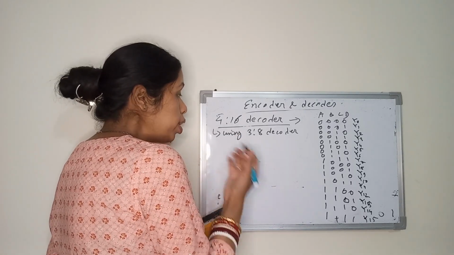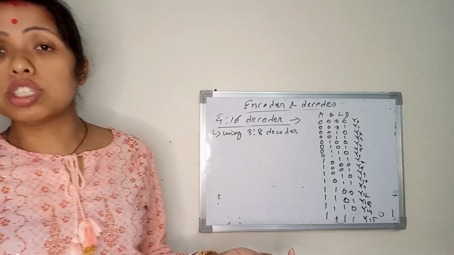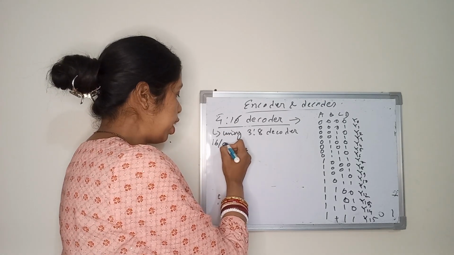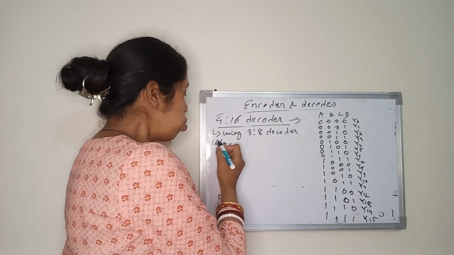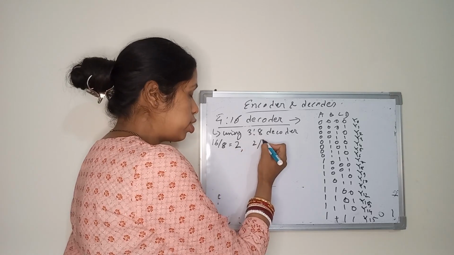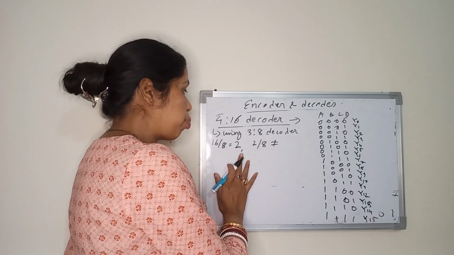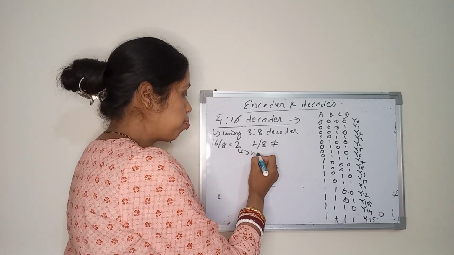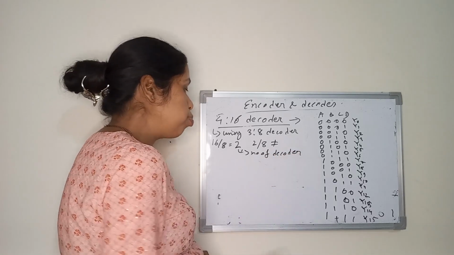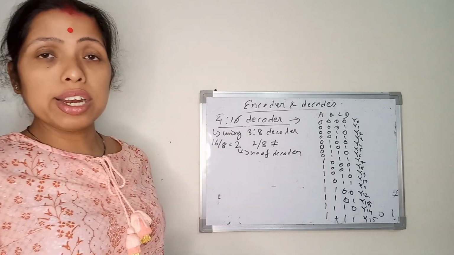So how many 3 to 8 decoders are required for designing the 4 to 16? First I have to divide 16 by 8. You will get 2. That means only 2 3 to 8 decoders are required.